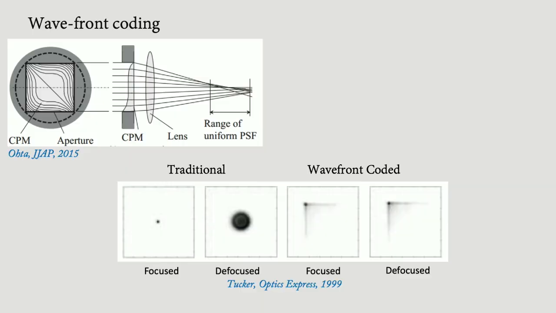If you have a traditional lens, in the focal plane it looks very nice, focusing. You go a little bit away from the focus, you see blurry, and that's why you have chromatic aberration. When you use this cubic element, you see something that doesn't really look like a lens, but it remains almost the same over a long length along the optical axis. If you are doing optics for some time, you probably recognize this as the Airy beam.